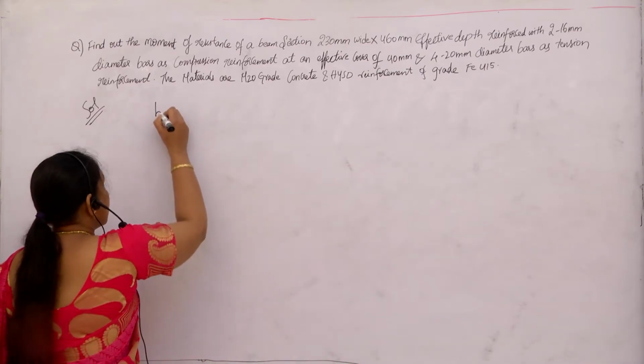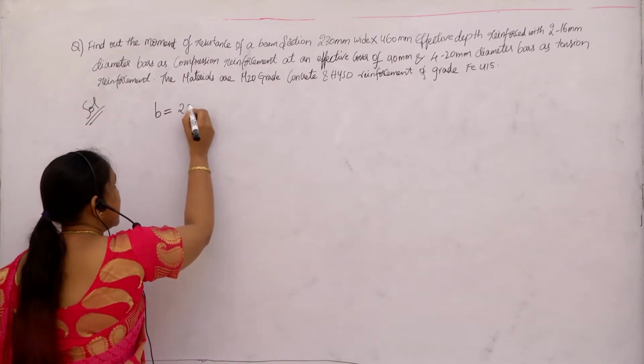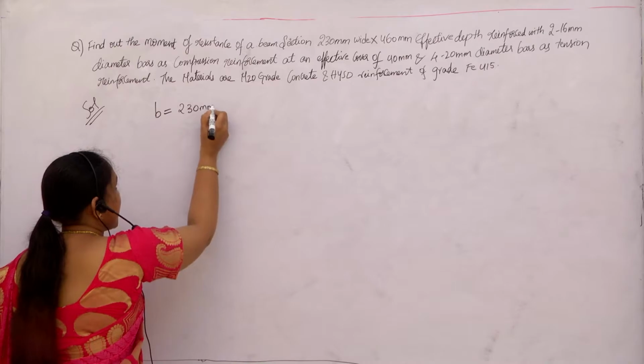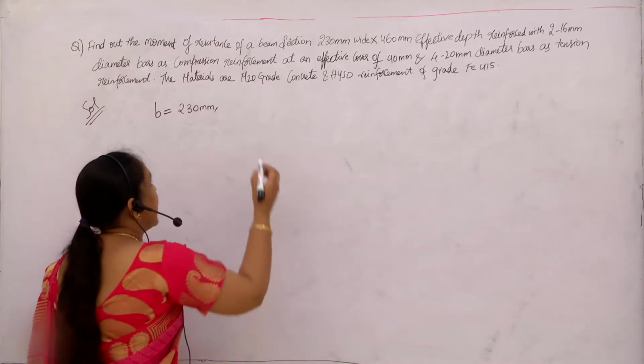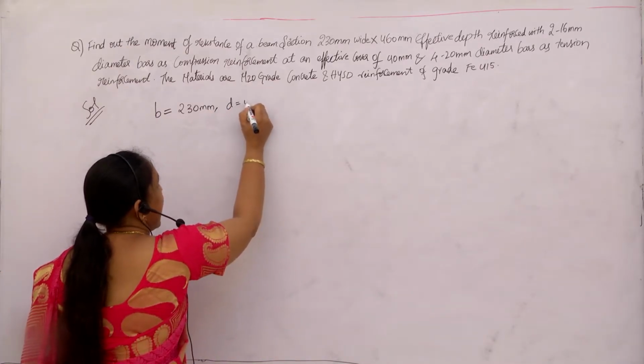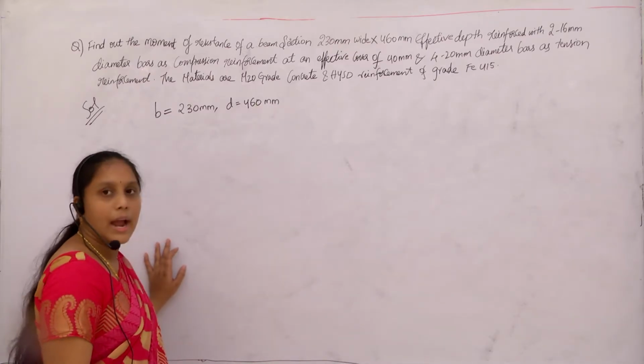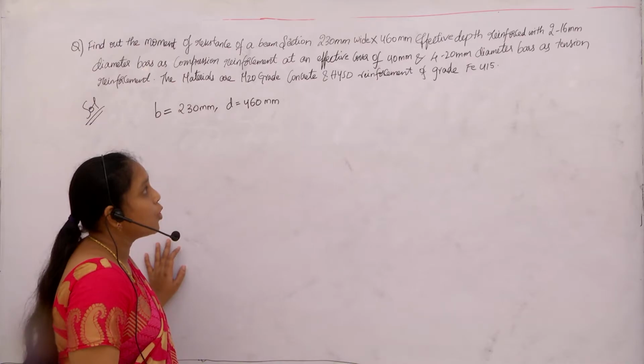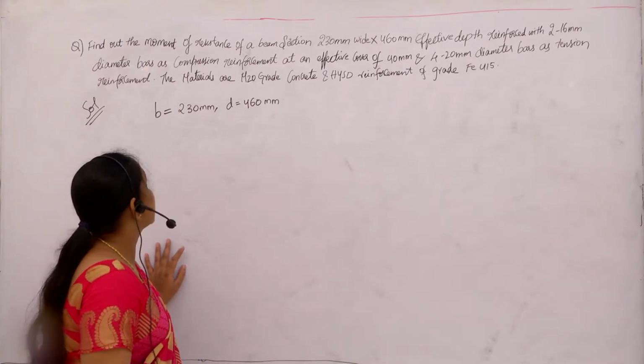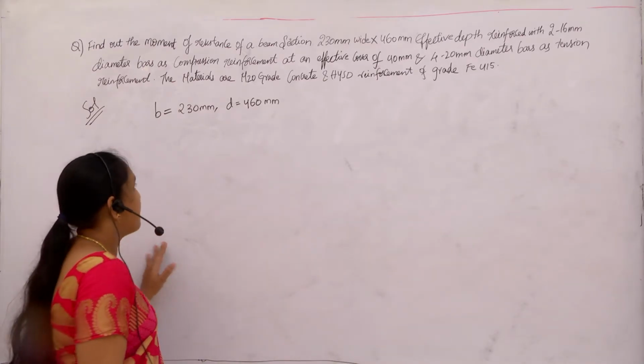So the width is given as 230 mm, and the effective depth is given as 460 mm, and it is reinforced with 2 16 mm dia bars.